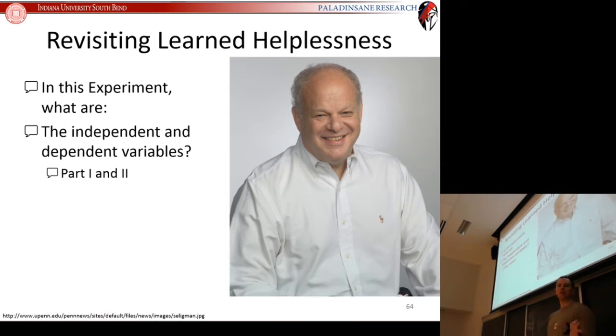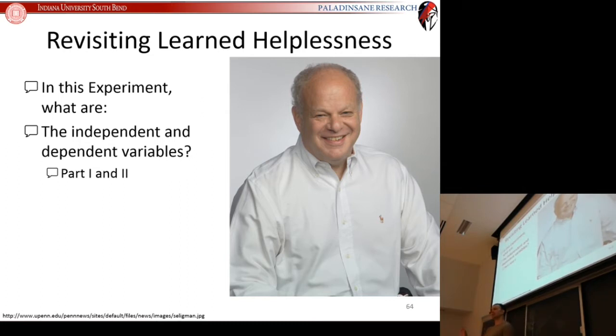What are the independent and dependent variables for this experiment for part 1 and for part 2? What were the independent variables, the variables that the experimenter themselves manipulated in part 1? What were the dependent variables that the experimenter measured in part 1, what the dogs were freely allowed to do? And then what were the independent variables in part 2?